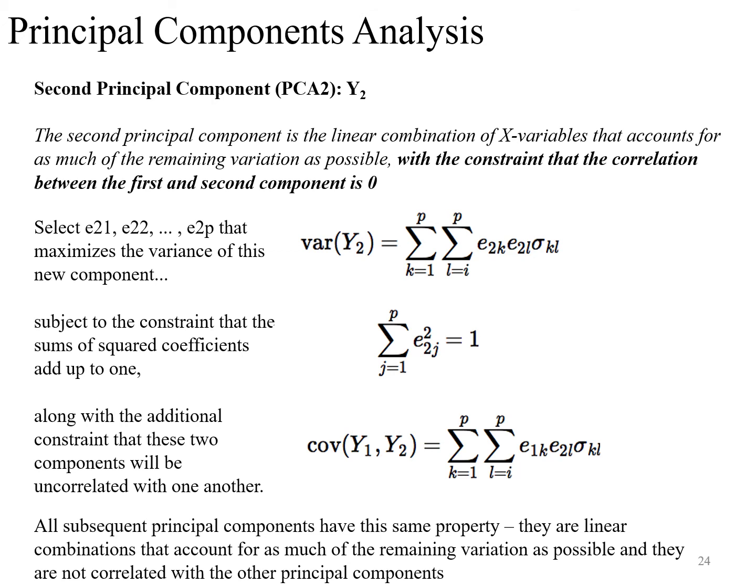And the second principal component is going to have to be interpreted in the context of having already taken out that first principal component. In essence, it's kind of an analysis of the residuals after you've taken out the first, and any subsequent effects if you're dealing with the third, fourth, or higher order principal components.